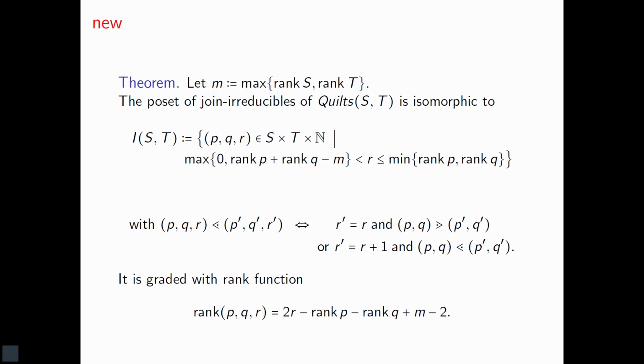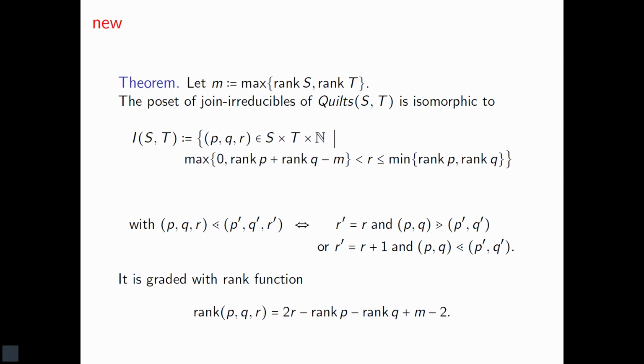The covering relation is not so nice, but it's okay. And we can even compute the rank function, which is also very easy to compute. So this is the main theorem. Maybe this is a good place to ask for questions.